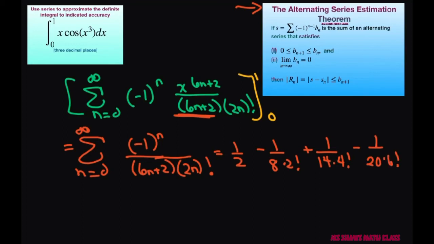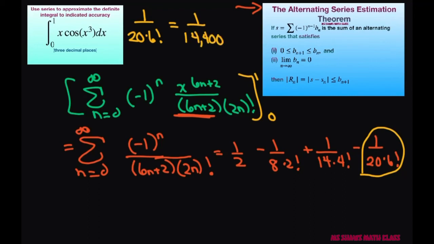Now, looking at that, let's look at this one right here. If you just look at that, 1 divided by 20 times 6 factorial equals 1 divided by 14,400, which doesn't give us our decimal places that we need.